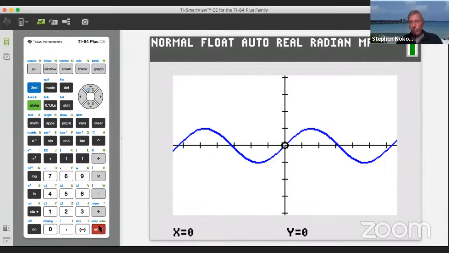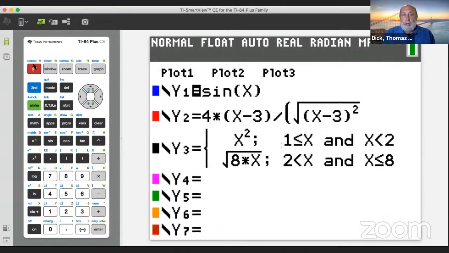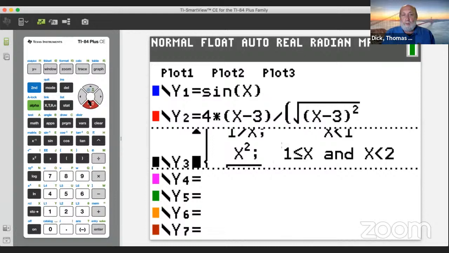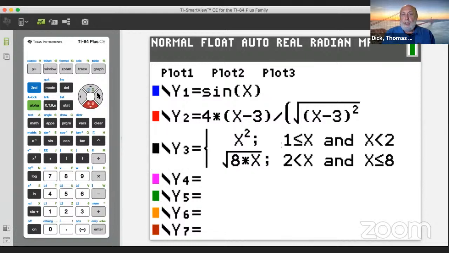So I'm going to go to the y equals menu here. I've got one piecewise definition in here already, but that's for another problem. Let me go down to Y4 here and see if I can get these two piecewise definitions in.